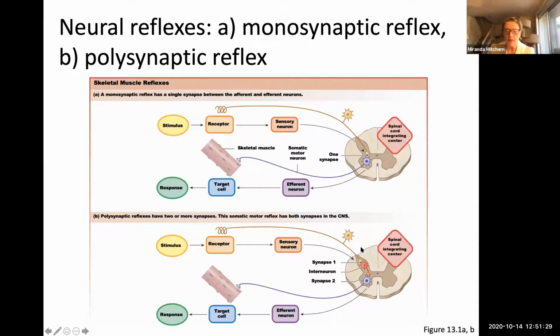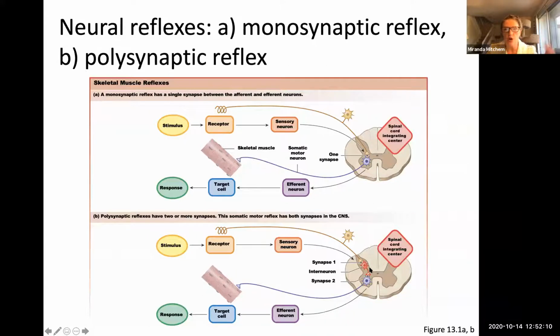But what happens in the spinal cord is that we have this interneuron, and it is able to take in the message from the sensory neuron, process it, integrate it, and then send it out through a different efferent neuron, leading to the target cell in response. So this is an example of a polysynaptic because we have two synapses in here. Both of the synapses occur in the integrating center, and it does involve a single interneuron to pass that message.